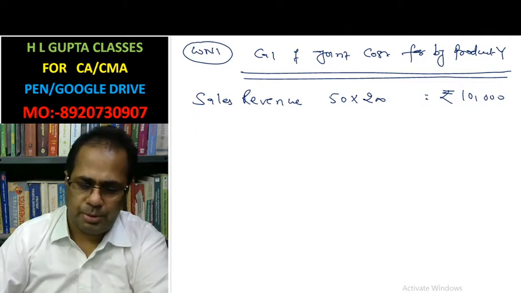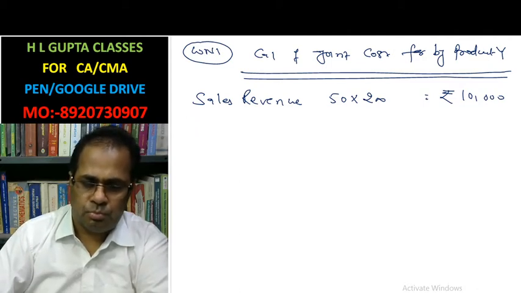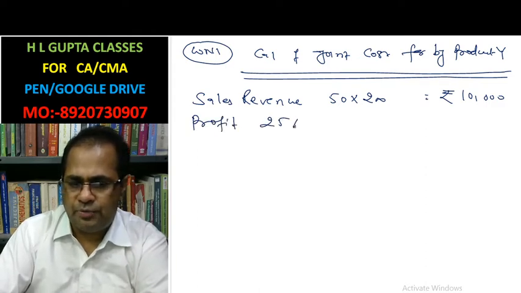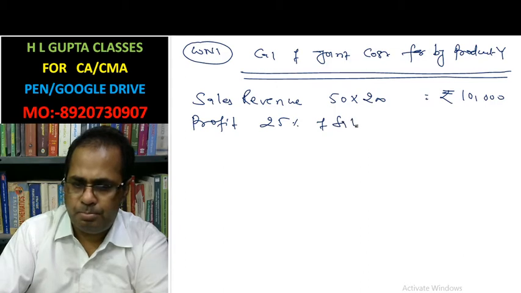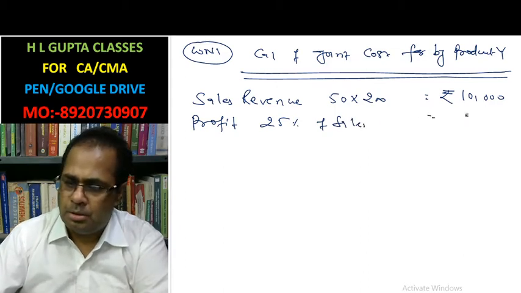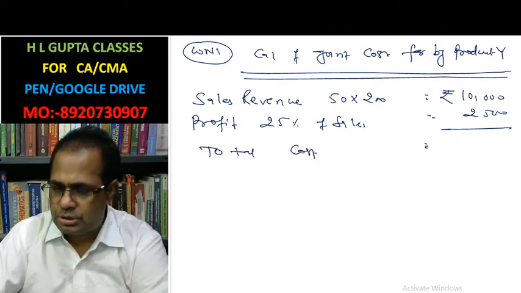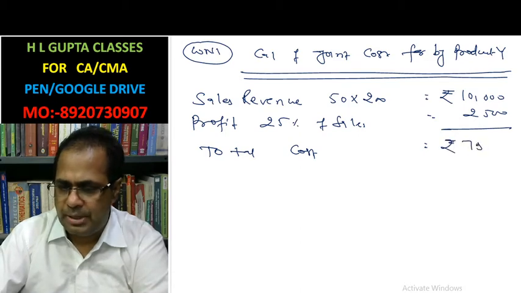First you write profit: 25% of sale, 2,500. Total cost is 7,500.